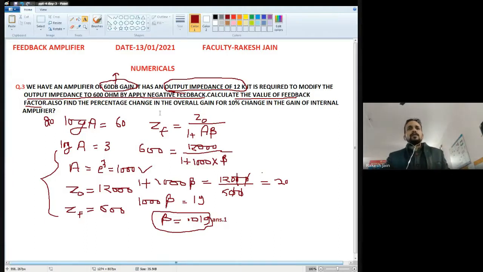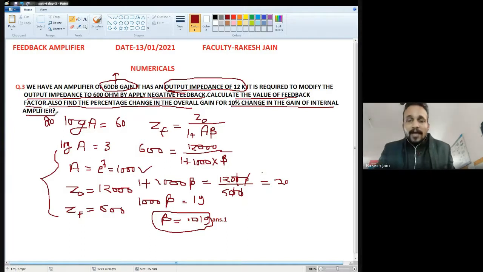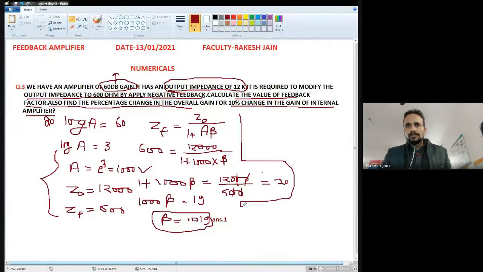Now we have to see what is written after. Also find the percentage change in the overall gain for 10% change in the gain of internal amplifier. Internal amplifier means without feedback case. Okay. So we have to solve the next step also. Now see.